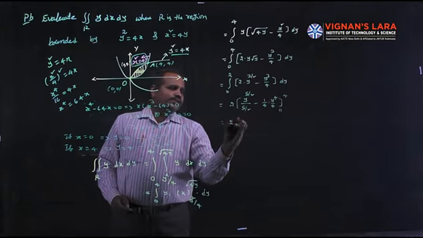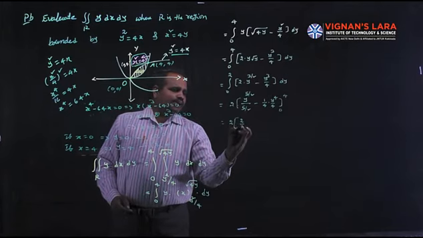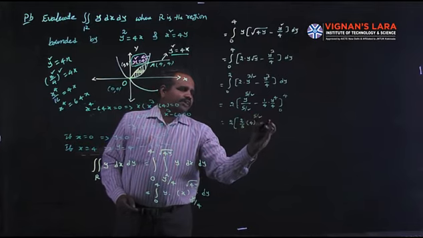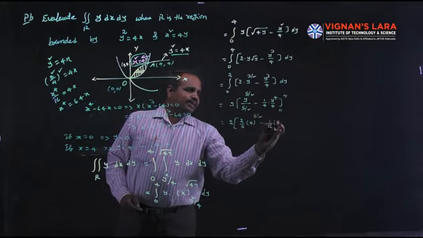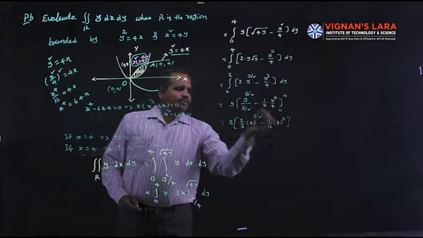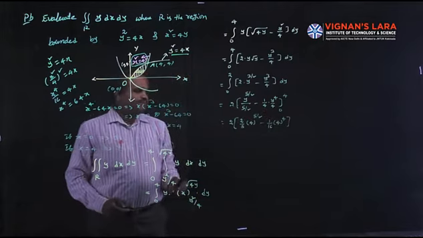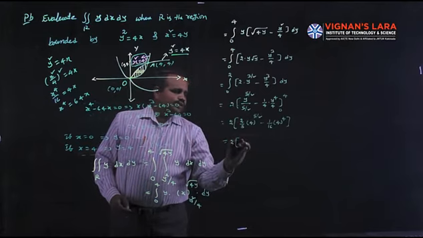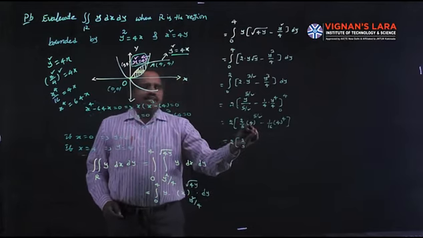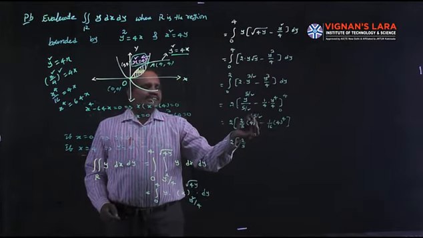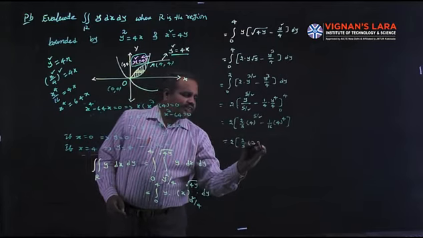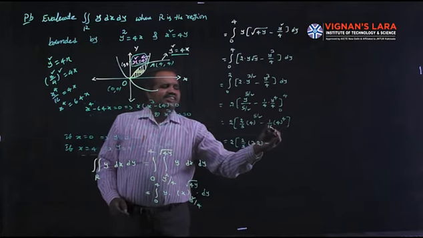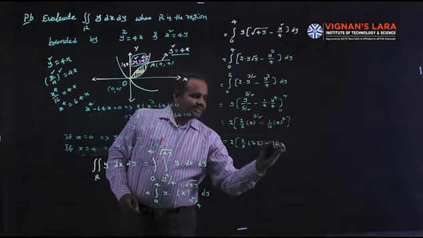So 2 into 5 by 2 can be written as 2 by 5, upper limit 4 power 5 by 2, minus 1 by 16, upper limit 4 power 4. Coming to the lower limit, this becomes 0 and this term becomes 0. This is equal to 2 into 2 by 5, 4 can be written as 2 square, 2 power 5. 2 power 5 value is 32, minus 4 to the power 4 is 256, divided by 16, the 16 gets cancelled, and the remaining one is 16.